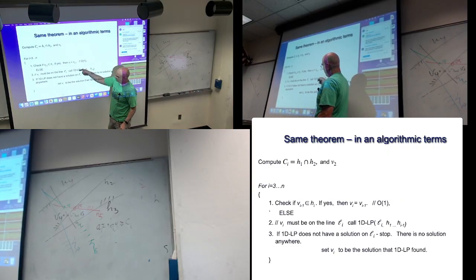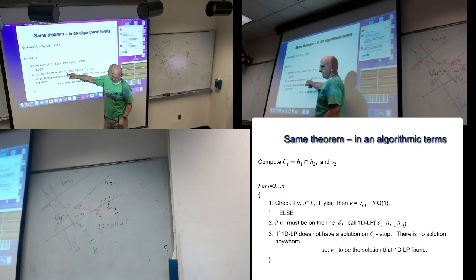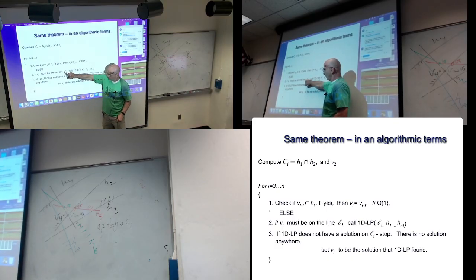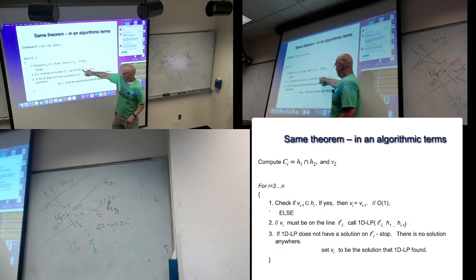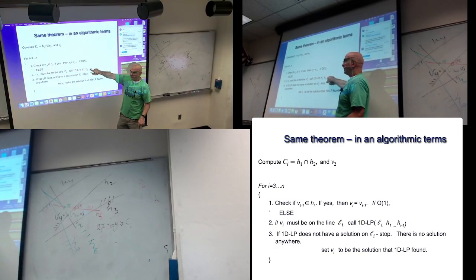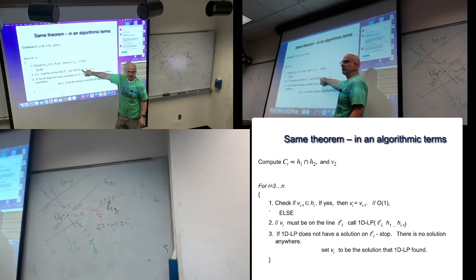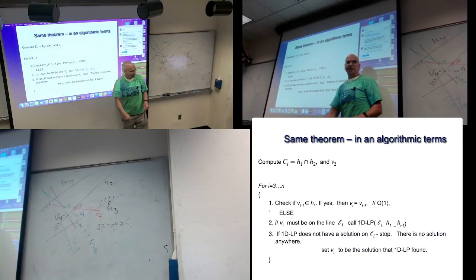Else, by the theorem, Vi must be on the line that bounds Hi. So call the one-dimensional linear programming, where the line L that we mentioned is just the boundary of Hi.